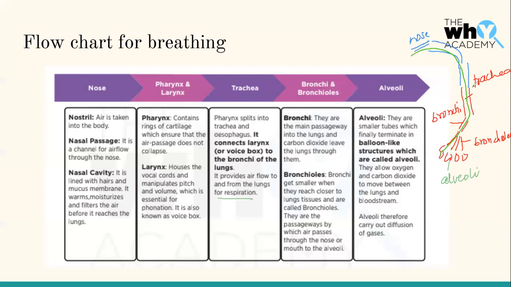So that's how the trachea becomes a passageway for the air to flow to and from the lungs. It does not really have a specific function. That's why they just included that. It acts as a passageway. Okay, thank you.